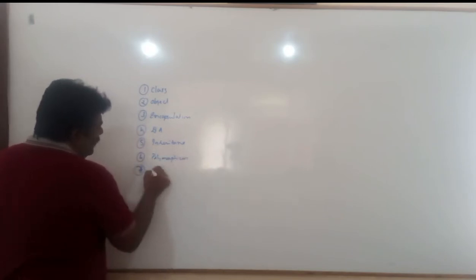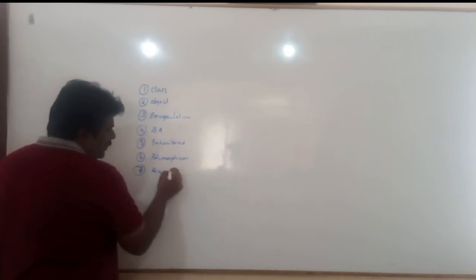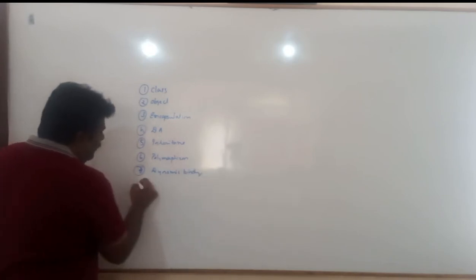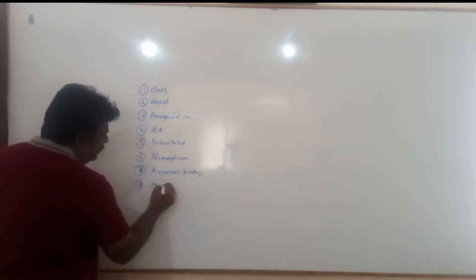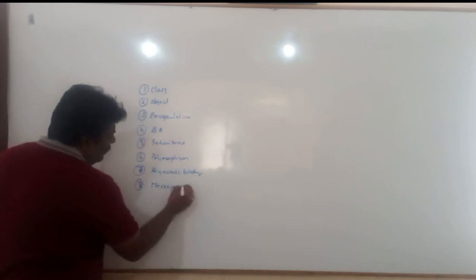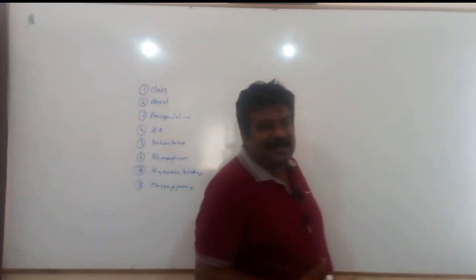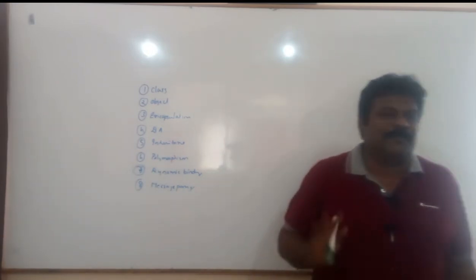Seventh one is dynamic binding, not yet discussed about. And last one will be message passing. So these are the basic characteristics of object orientation.